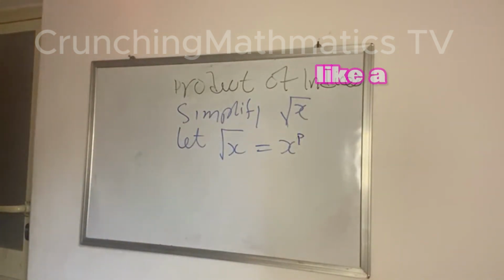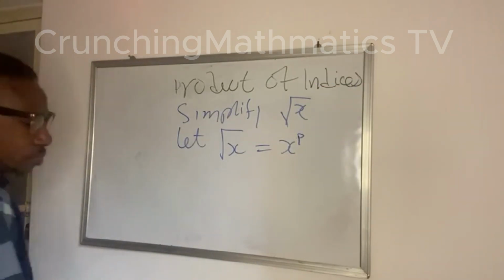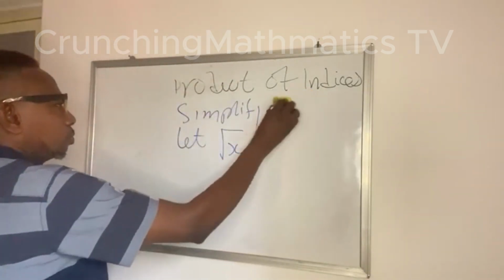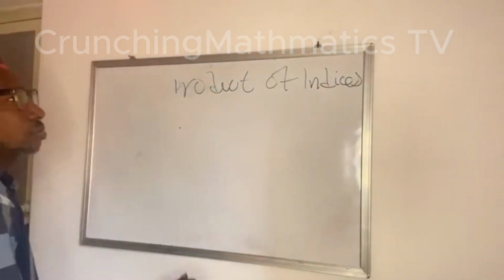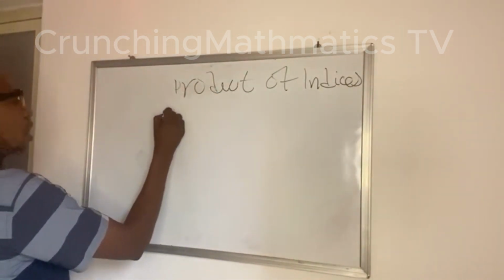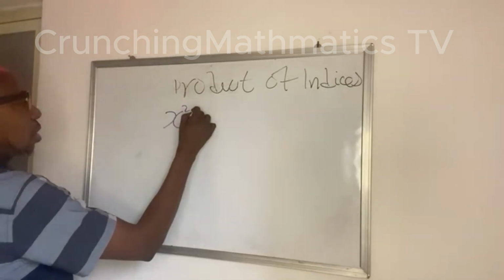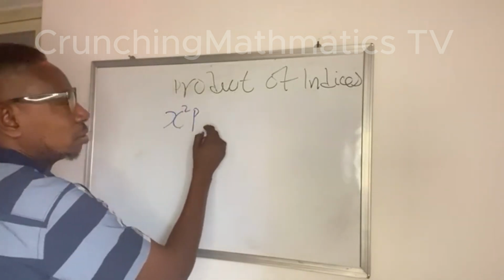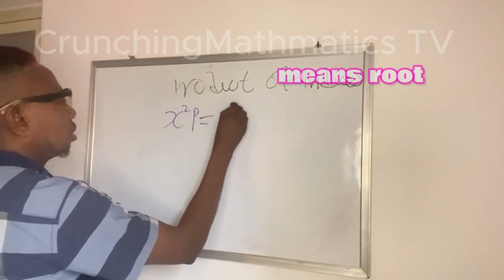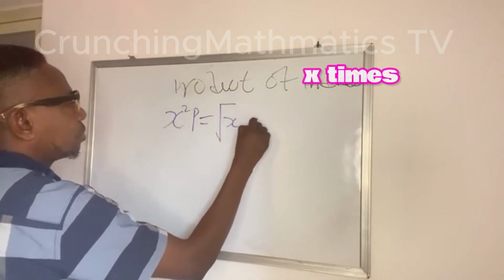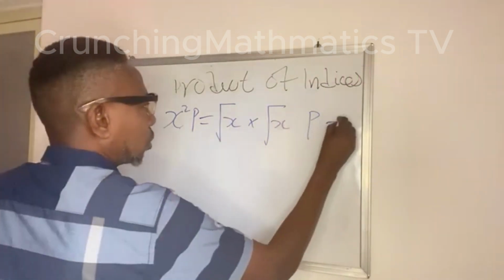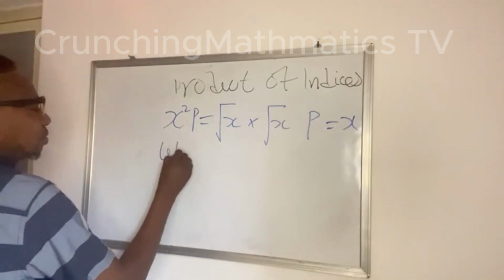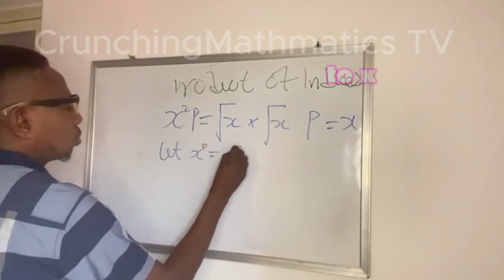So if you have a problem like (x^p)^2, this one simply means root x times root x, equal to x, because we said let x^p be equal to root x, right?